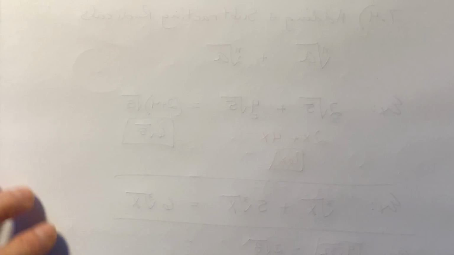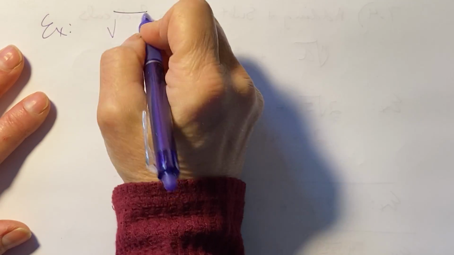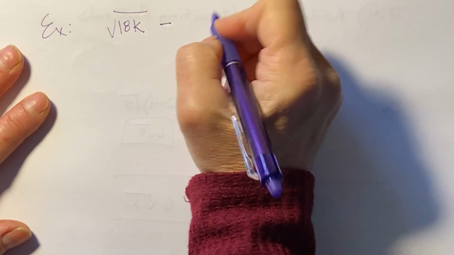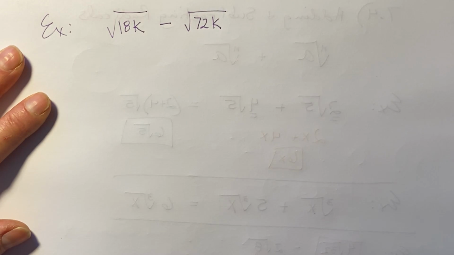Let's look at some more examples. All right. Square root of 18k minus the square root of 72k.